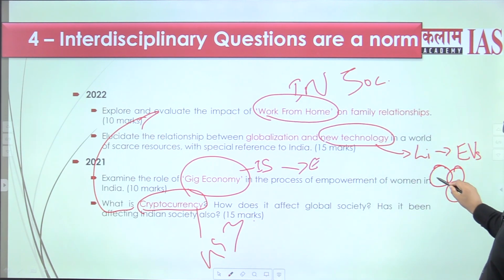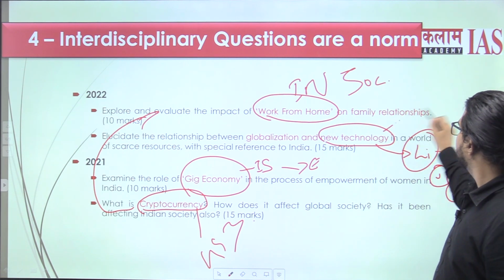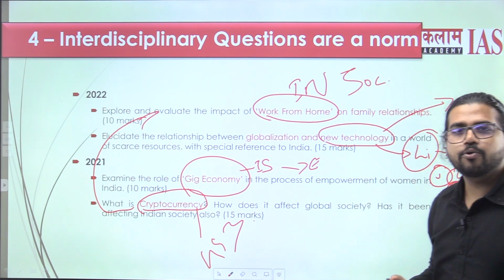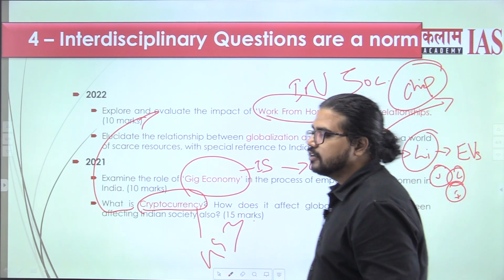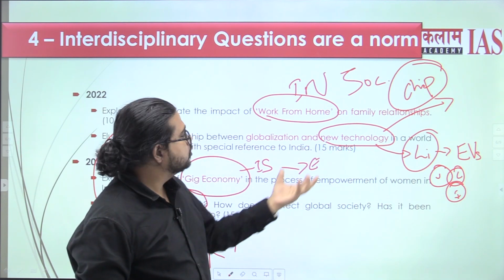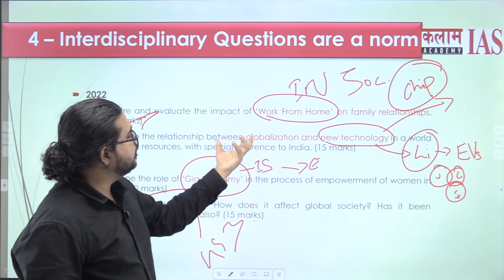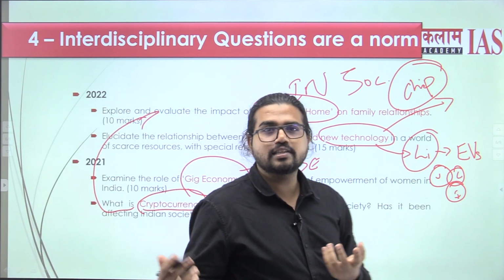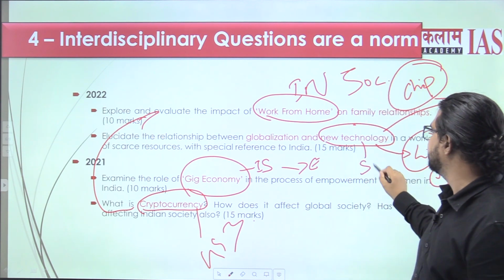India, US, China, everyone wants lithium, and the race is going on. Another one is, in the time of COVID, we saw the chip shortage. The chip shortage is also related to so many global happenings. So how are these happenings impacting society? So different topics from different parts of the syllabus. This is from geography, or new technology, you can connect with science and tech.